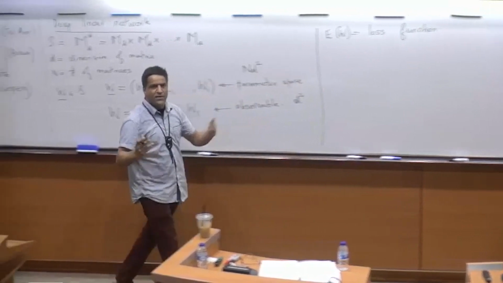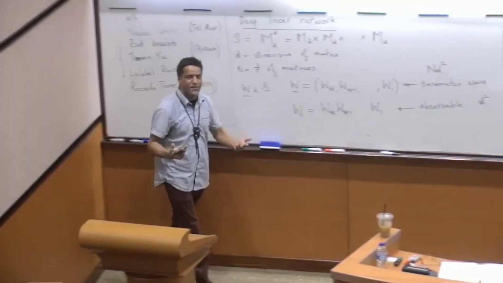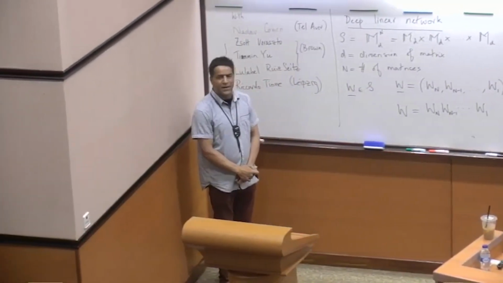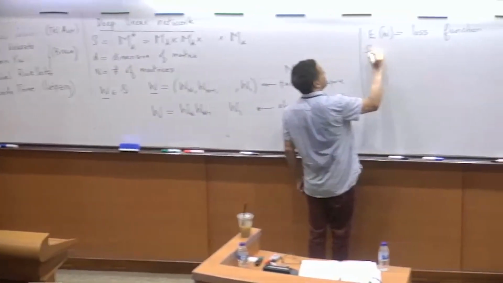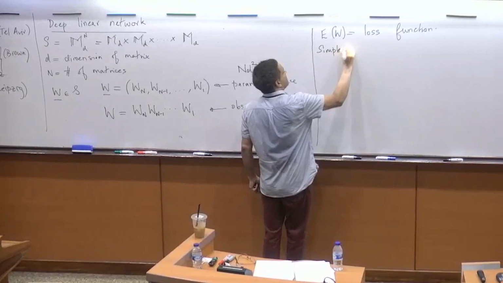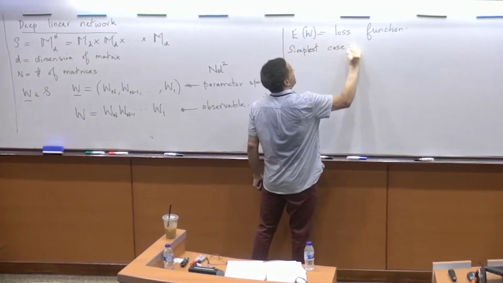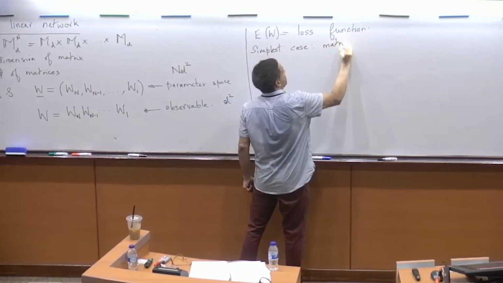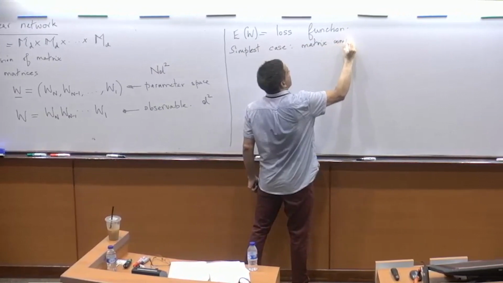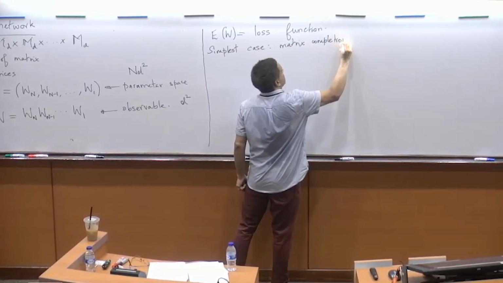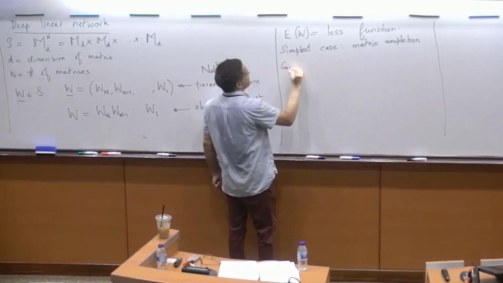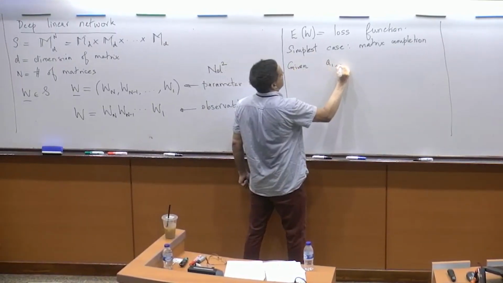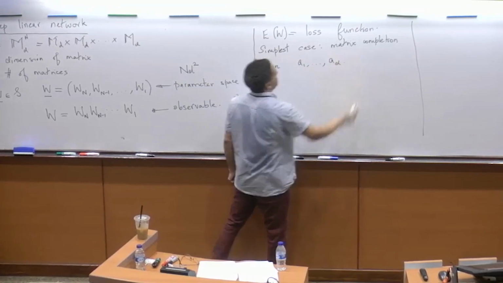And we're going to pick a very, very simple problem to think about for the loss function. Just to be concrete, I'm going to think about matrix completion. So let's say the simplest case is matrix completion. And let me even make it diagonal matrix completion. Let me assume that I'm given parameters A1 through AD.